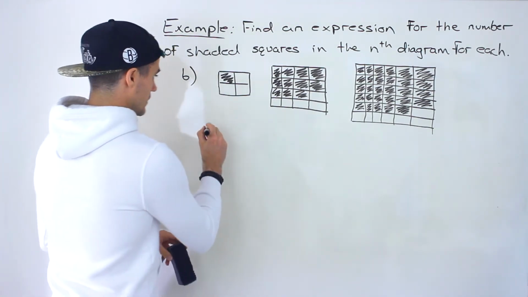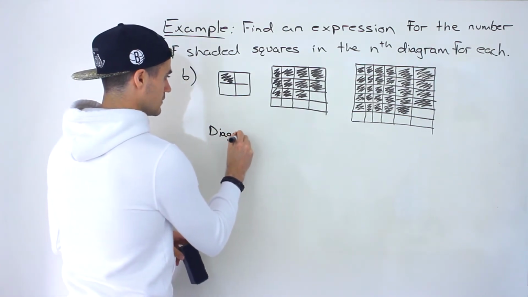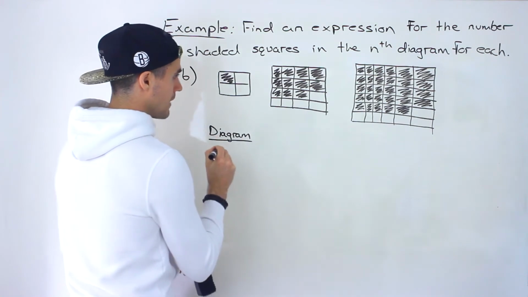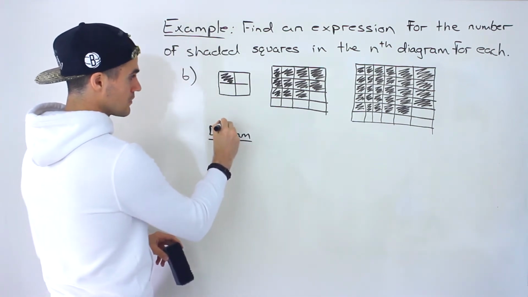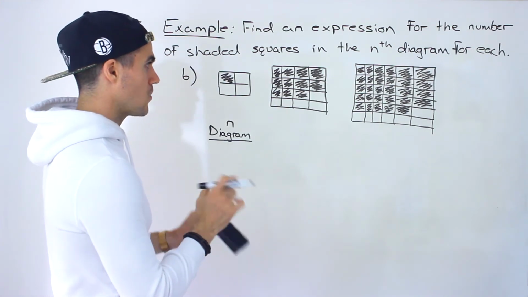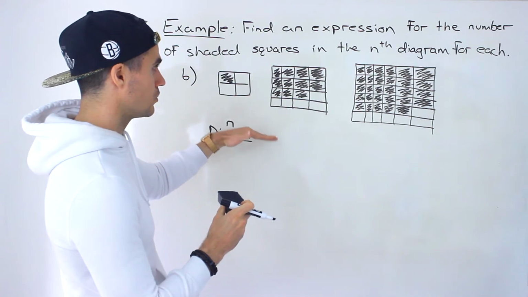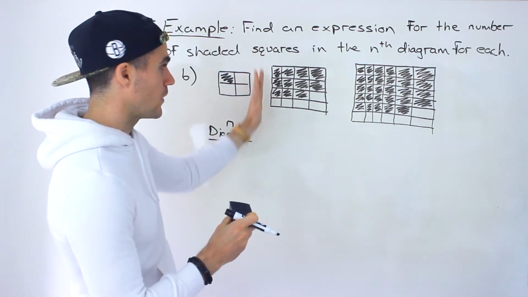Same thing. I'm going to first create some columns to see if we could catch any patterns. We're going to have the diagram number, this is going to be n. In the previous example, I mentioned how you can create another column called the length and then the width.